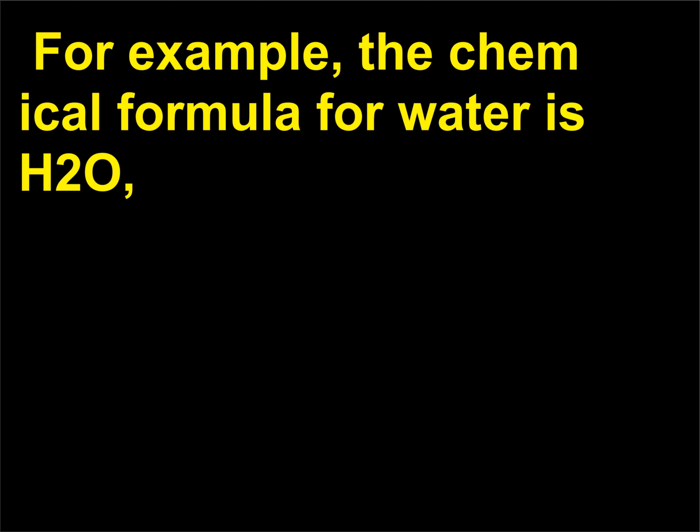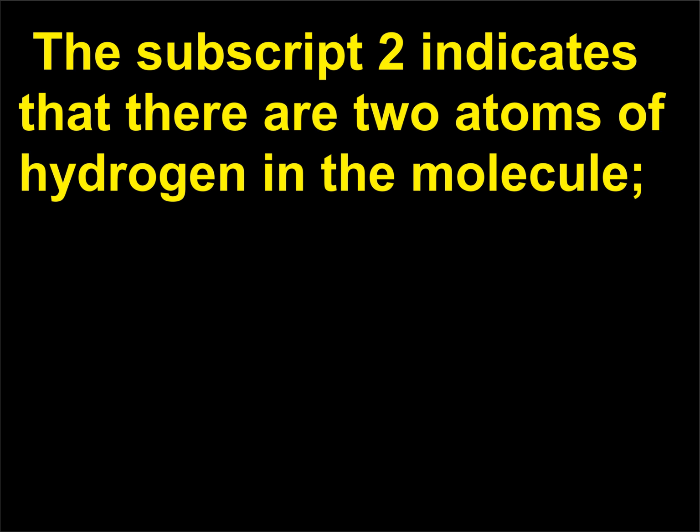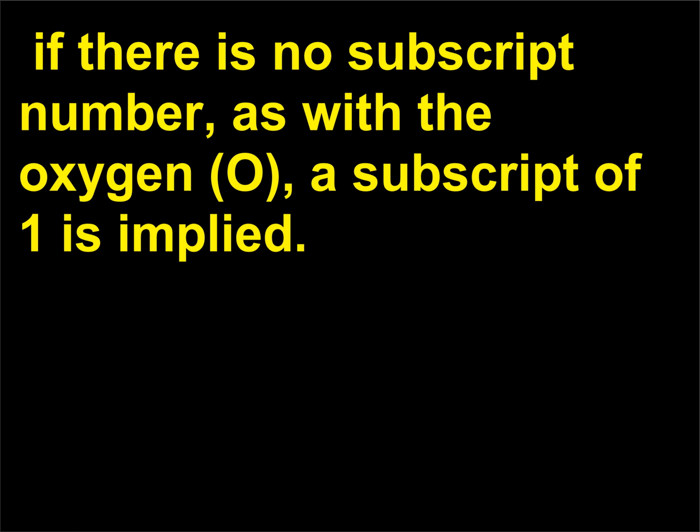For example, the chemical formula for water is H₂O, in which there are two atoms of hydrogen, H, bonded to an atom of oxygen, O. The subscript 2 indicates that there are two atoms of hydrogen in the molecule. If there is no subscript number, as with the oxygen, O, a subscript of 1 is implied.